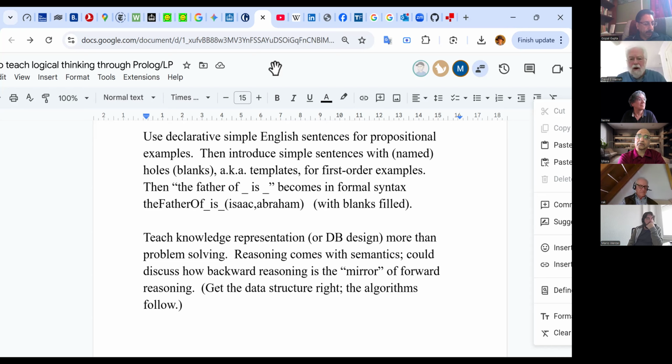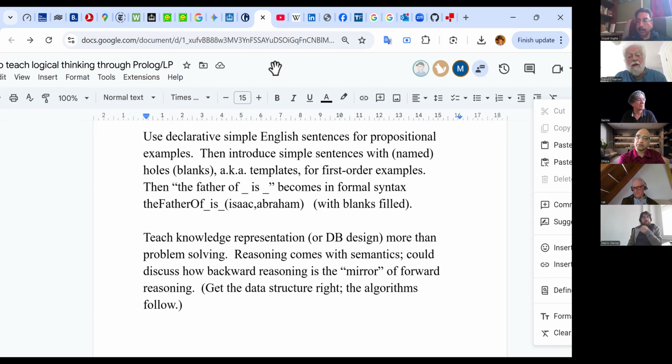I don't think that's too hard, and that does give a formal language, and it also separates the English from the formal, which I think is important for kids to know, that English isn't formal. What we're doing is using it to make something formal. And so we now know whether we're just saying something or whether we're trying to say something precise.